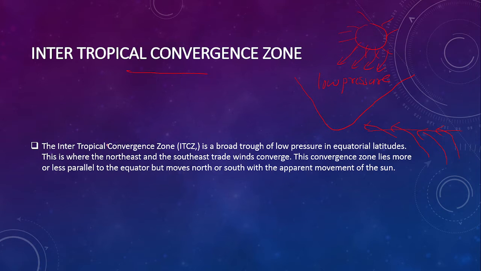Intertropical convergence zone is a broad trough of low pressure in equatorial latitudes. This is where the northeast and the southeast trade winds converge. This convergence zone lies more or less parallel to the equator but moves north or south with the apparent movement of the sun.